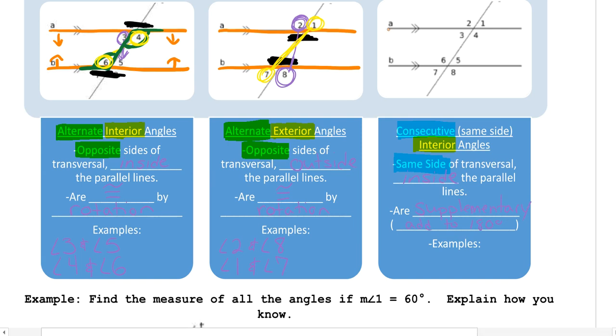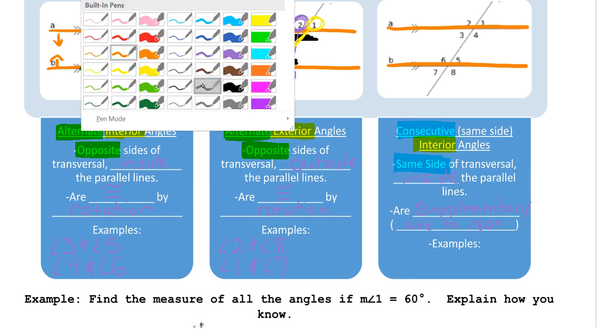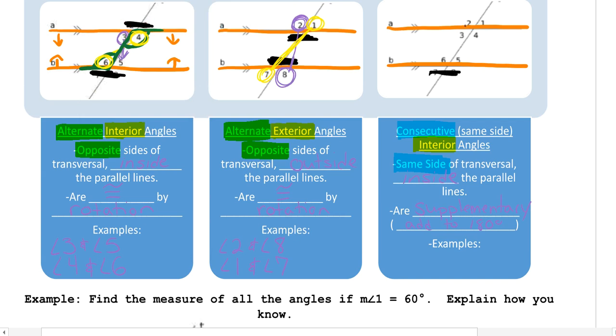So if I am focusing on my parallel lines, and I am interested in the interior angles, so I'm not going to focus on 7 and 8. I'm not going to look at 1 and 2. If I start with angle 3, if I am looking for an angle that is on the same side of the transversal inside the parallel lines, that would lead me to angle 6.